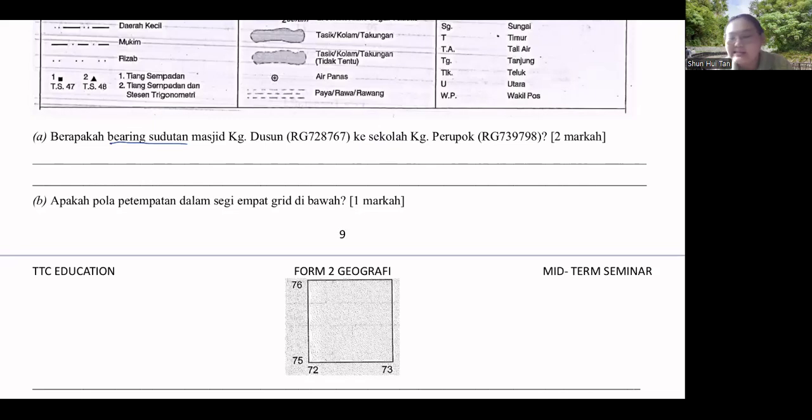They can also ask, apakah jarak masjid somewhere to somewhere else. But normally they will come with a rujukan grid. It tells you very clearly, okay, I start from here. It means they are very clear that you must measure from these two areas. Wait, let me just copy it on top.